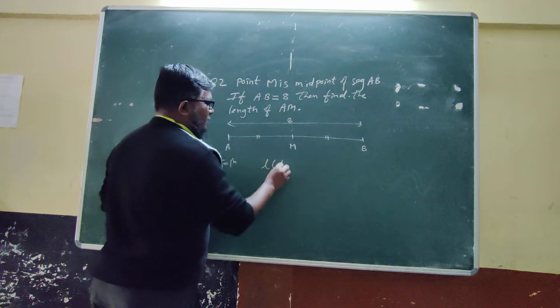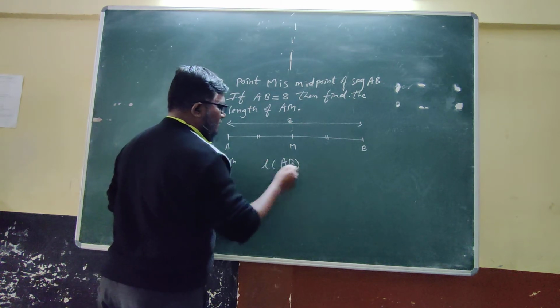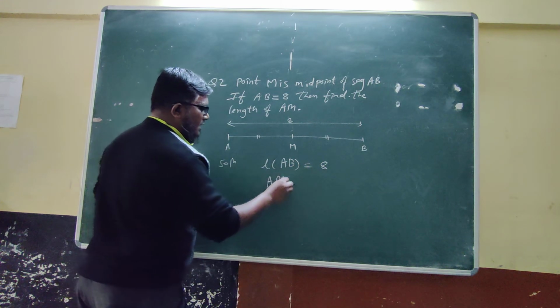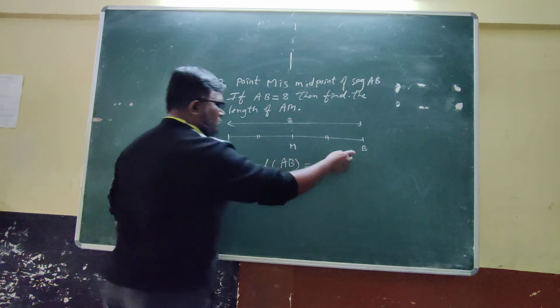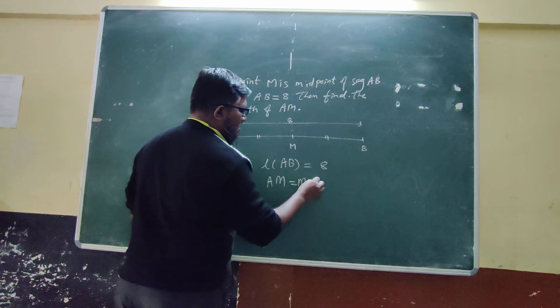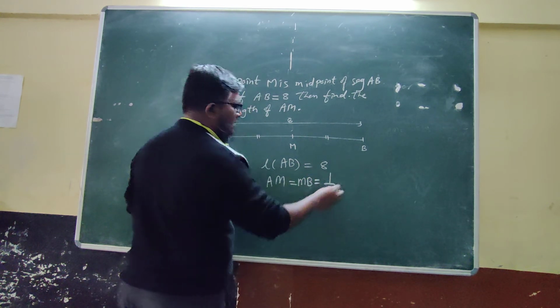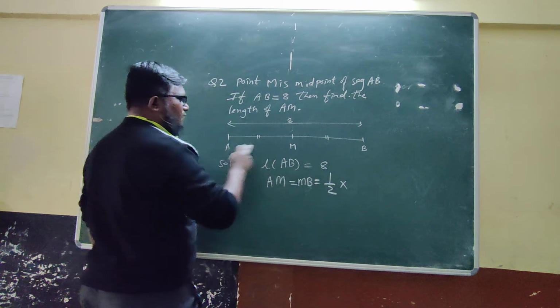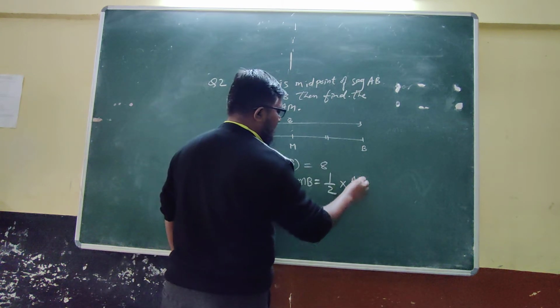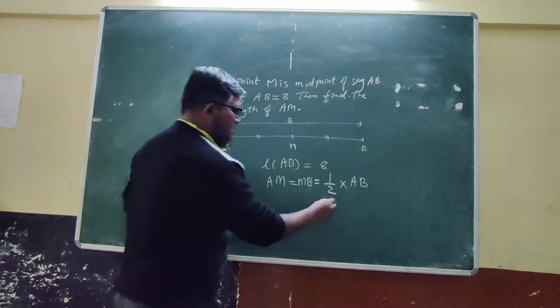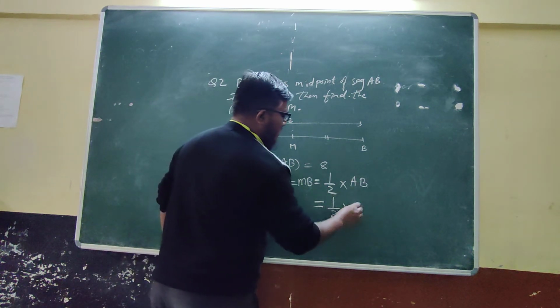Solution: length of AB is 8, then AM is equal to MB. AM and MB are half of the length of the full segment, that is AB. Now the value of AB is given, so 1/2 into 8.